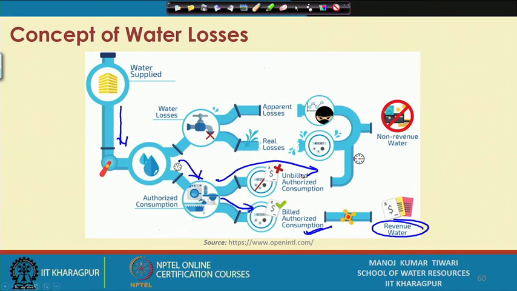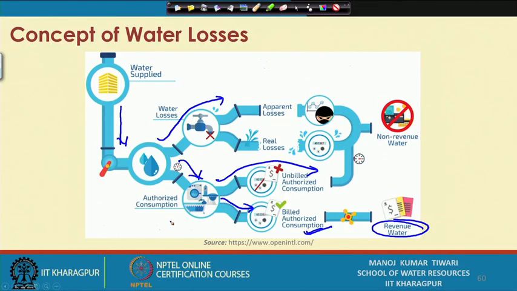At times, water charges are waived for several institutions, public utilities or, let us say, recreational facilities, made free by the utility itself. So, those water consumptions, although recorded as having gone for a particular purpose, have not generated any revenue.